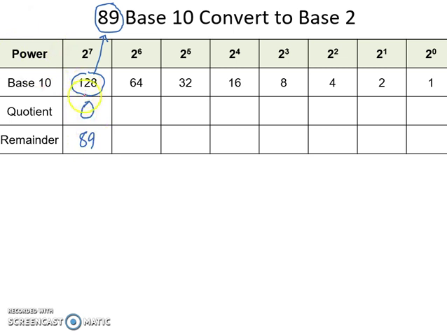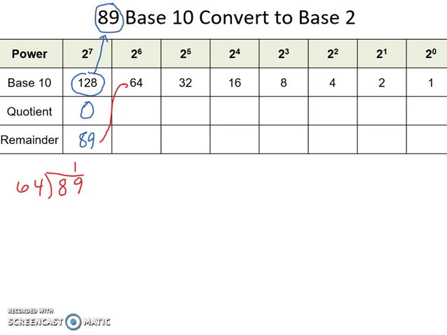Then we check 64. 64 is 2 to the 6th. How many times does it go into 89? It goes in once. In fact, for binary, all of our numbers are going to go in either 1 or 0 times. That's one of the really nice things about binary.